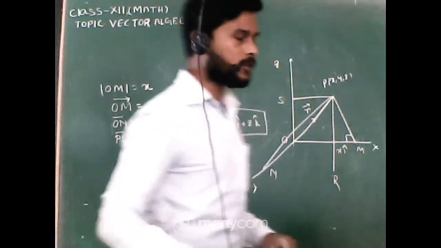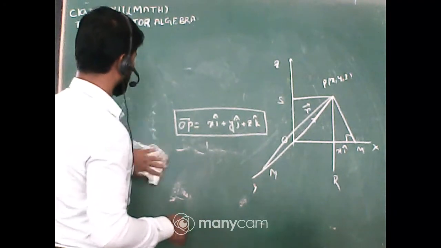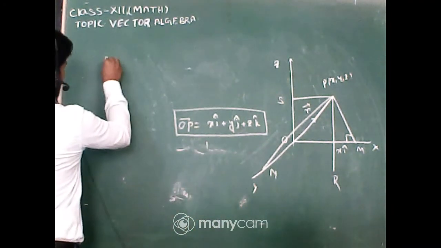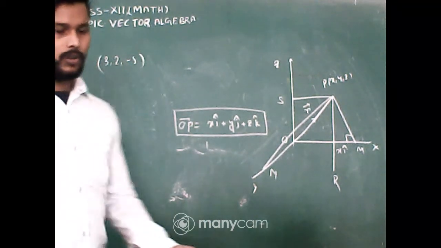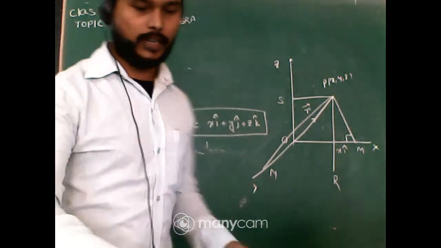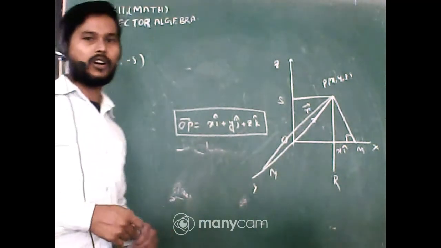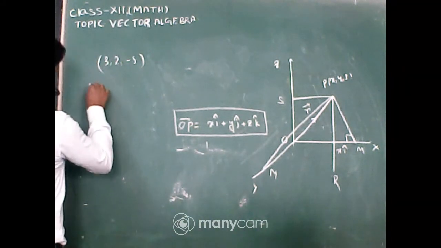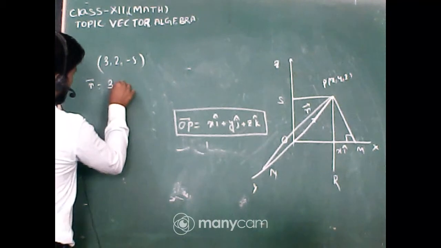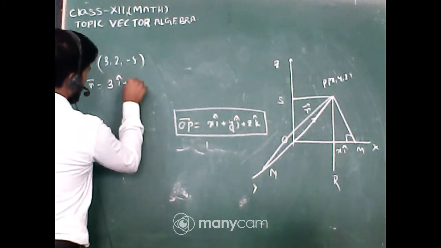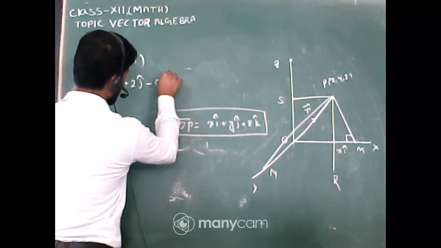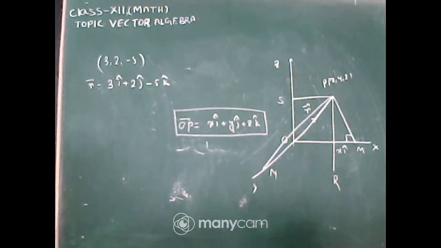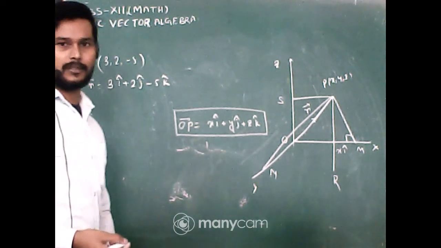I am giving an example. Suppose 3, 2, -5 is a point in the three-dimensional coordinate system. If I want to represent it in vector form, then the r vector will be 3 i hat plus 2 j hat minus 5 k hat.